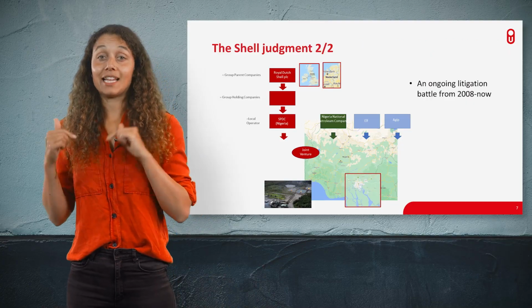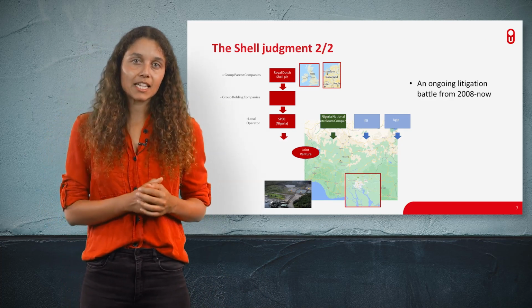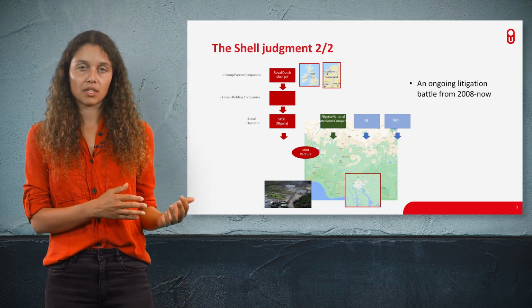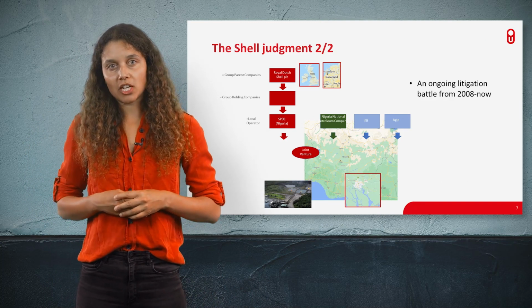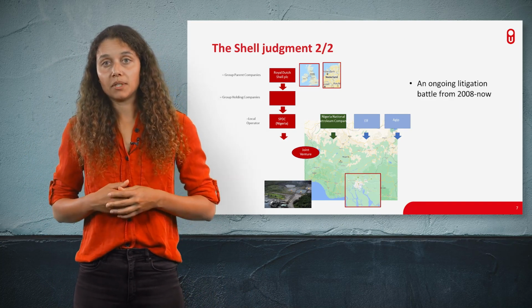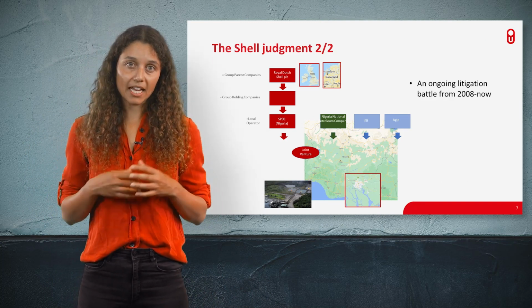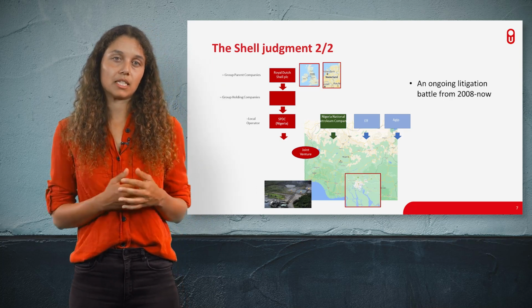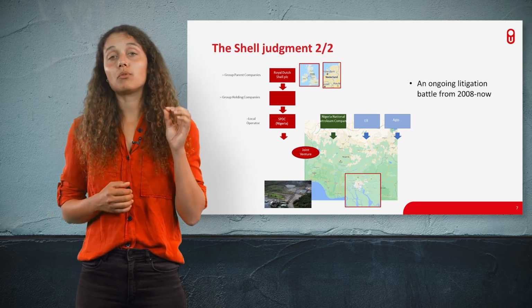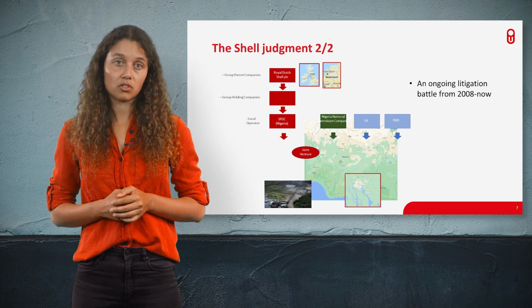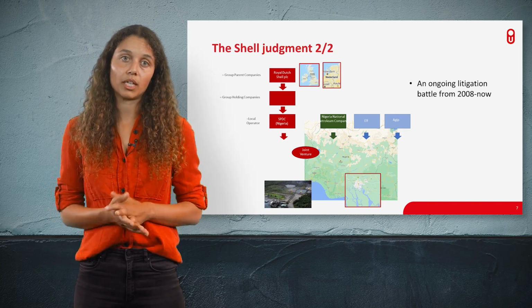In order to make this latter debate more concrete, let's again turn to the judgment against Shell. The judgment against Shell is indeed groundbreaking because it is the first to assume this extraterritorial parent liability. However, it took over 13 years to reach this judgment and the action is ongoing.